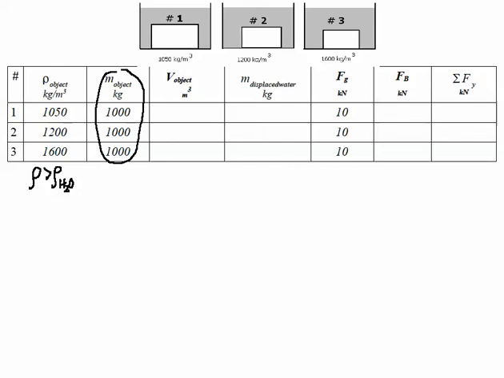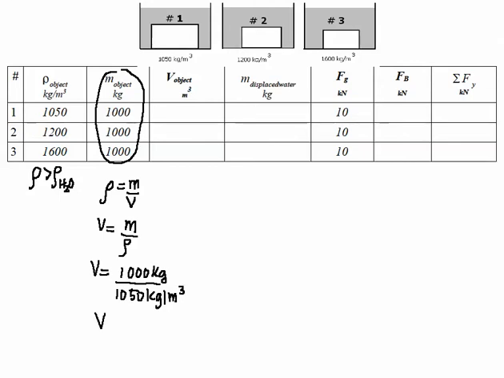So first we are asked to calculate the volume of each object. We know that density is mass over volume. Therefore, volume is mass over density. For the first one, we find a volume of 0.952 cubic meters.